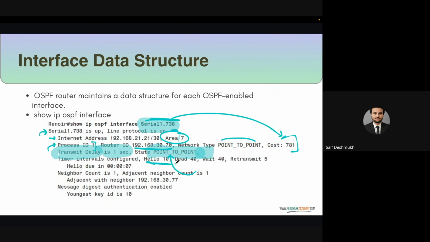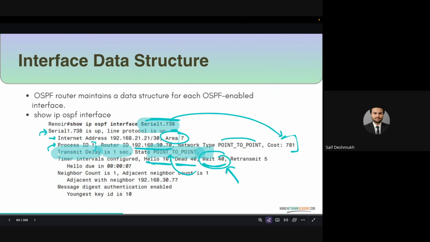Hello is 10, dead is 40. Wait, based on the documentation in TCP/IP volume 1, if I remember correctly, this was supposed to be how long they are going to wait in the broadcast domain if the DR is not responding; basically, the BDR is going to take over after that time.